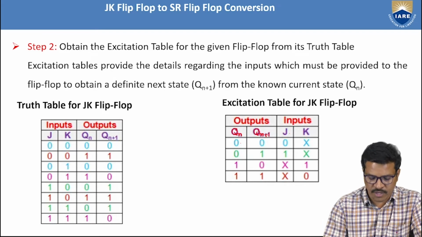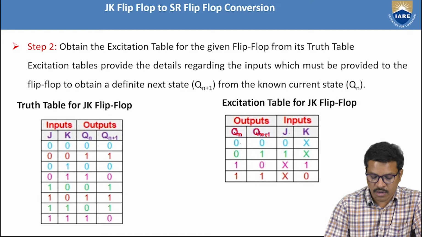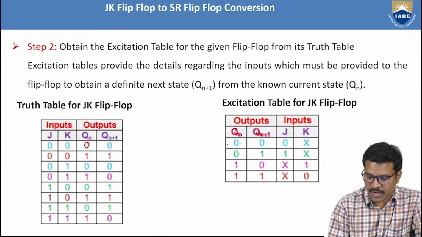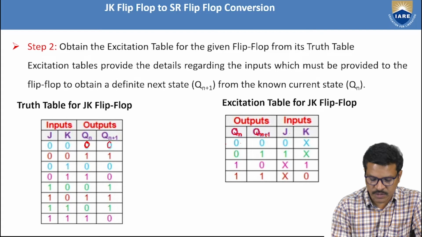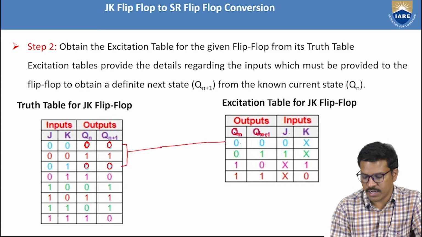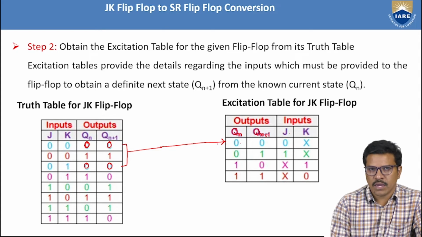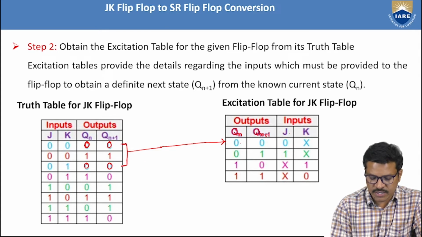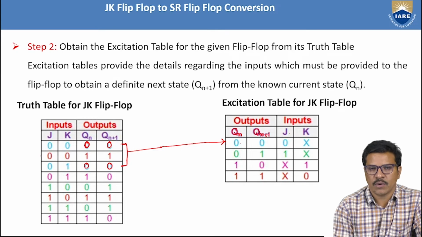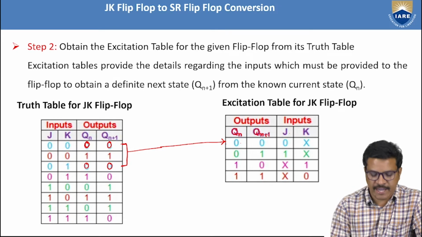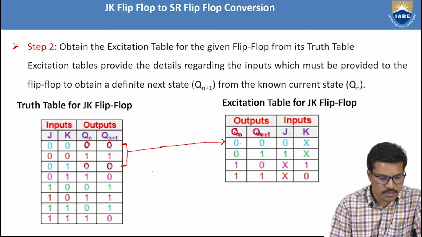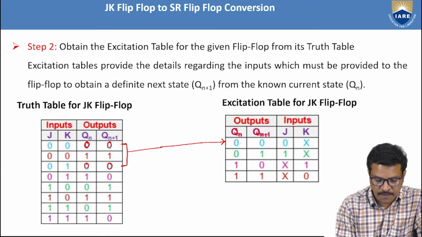This is created from the truth table. If you observe the truth table, to obtain present state 0 and next state 0, what would the inputs J and K be?